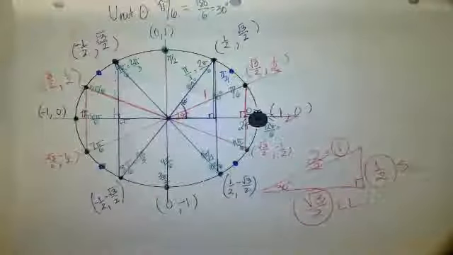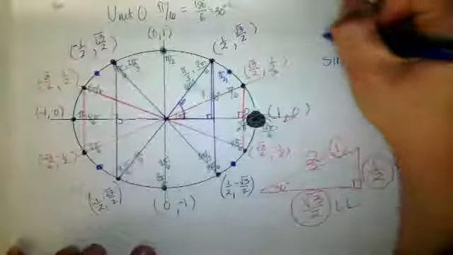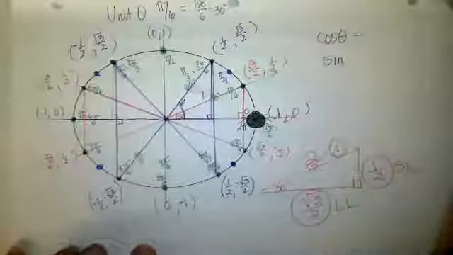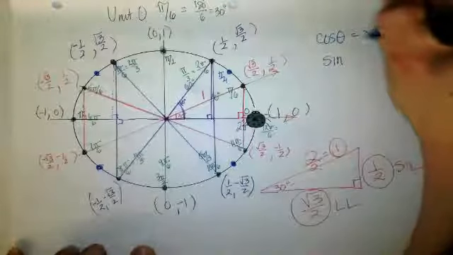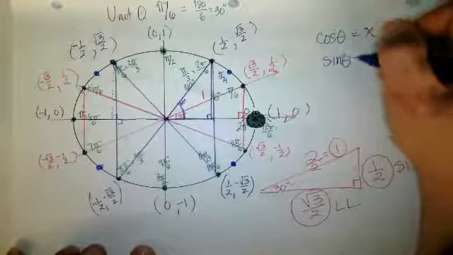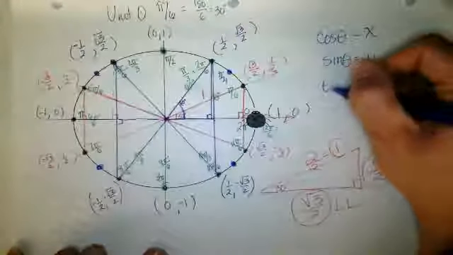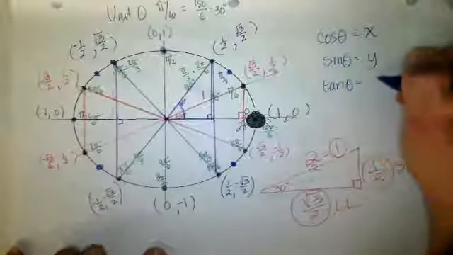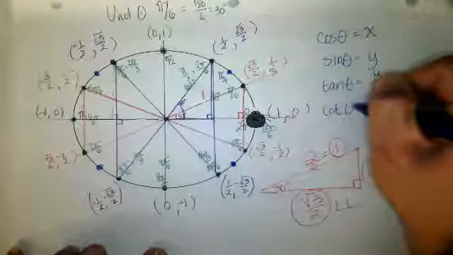The same thing is true about yesterday. Yesterday we said, what's the cosine of any angle? The x. The sine ratio of any angle is the y coordinate. How do you find the tangent? Y over x. How do you find cotangent?